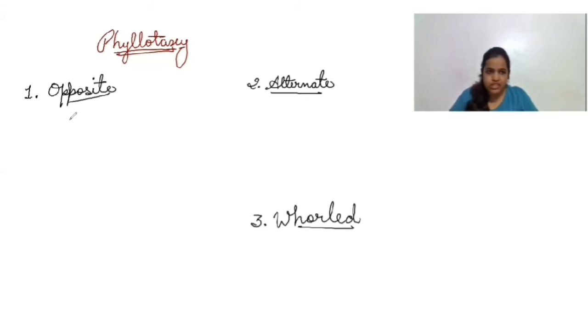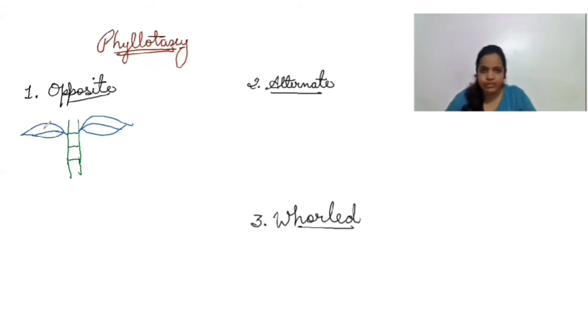What happens? This is one stem. On this stem, what should be present? Of course, nodes will be present. So these are the nodes I'm drawing. Clear? Now at each node, 2 leaves will be formed. Such type of arrangement of leaves is known as opposite phyllotaxy, when 2 leaves are present on a single node.